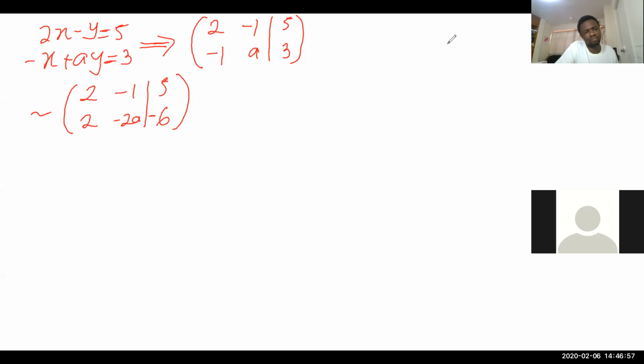For x, the value is both 2, but the answer on the right-hand side is 5 and negative 6. Can you say that again? The x value is 2 for both equations, the coefficient. Okay. And on the right-hand side, on the first equation it's 5, but on the bottom one it's 6. But that does not tell us that it means there are no solutions.